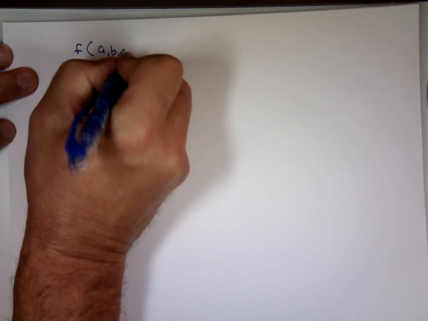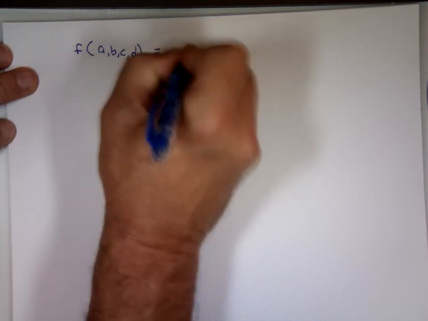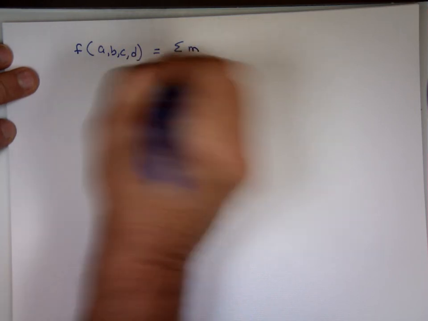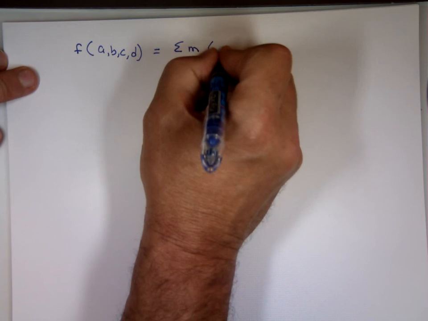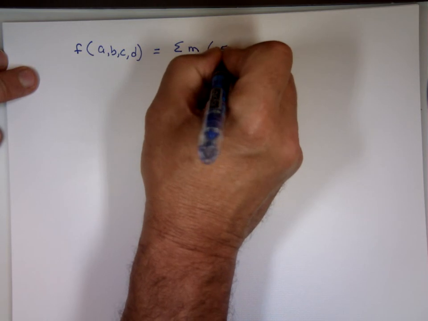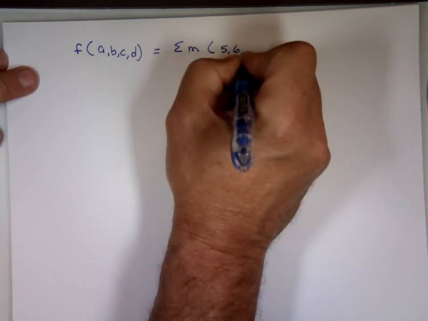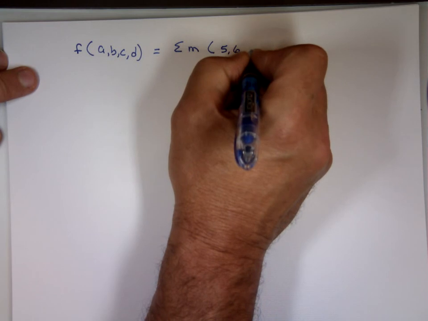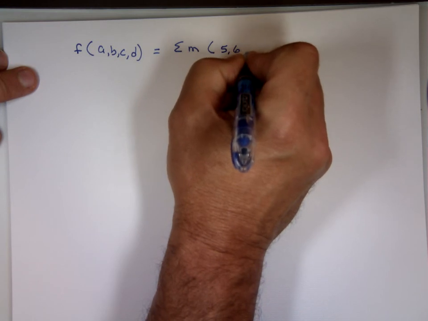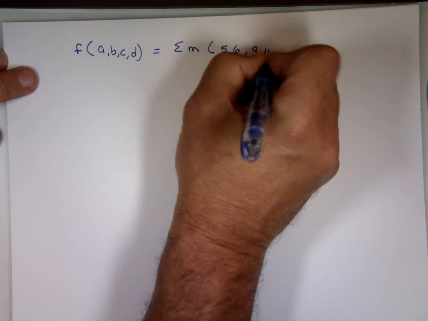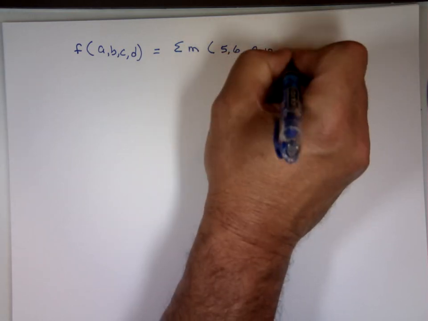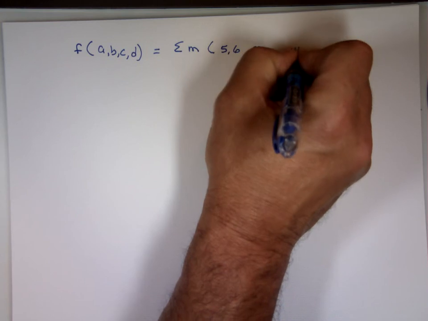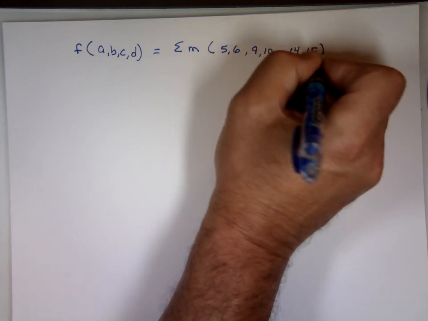The summation of min terms. Once I say the summation, that's min terms. 5, 6, 9, 10, 14, and 15. That says when it's going to be on, when it's going to be 1.